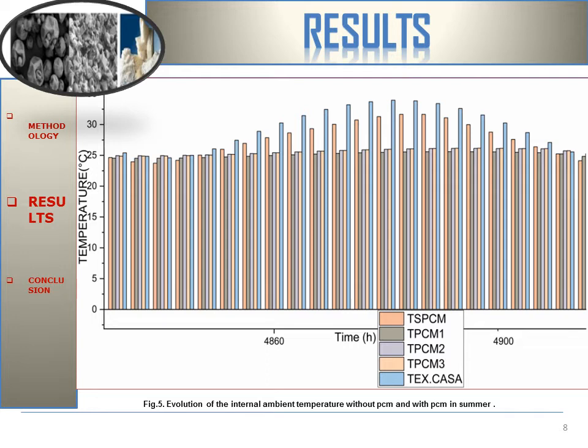The results of the simulation showed that the use of phase change material in the brick wall minimizes overheating in the summer period, decreasing the ambient temperature and saving total energy consumption for heating and cooling compared to the wall without PCM in all months of the year.